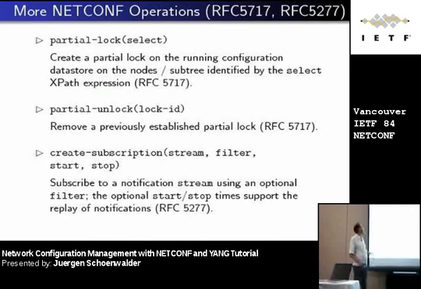It returns to you a lock ID, and later on you can use the partial unlock to unlock that partial lock. So the idea is that you might be doing customer provisioning on devices, and you can restrict the locking to something specific to customer provisioning, while other stuff on the device can still be done without affecting those parts. So you can have two partial locks that can be doing things on the device. It's just narrowing down the concept of the global lock to smaller portions. If you have a small device, you might use the global lock, and if you have something big, the partial lock might be used.